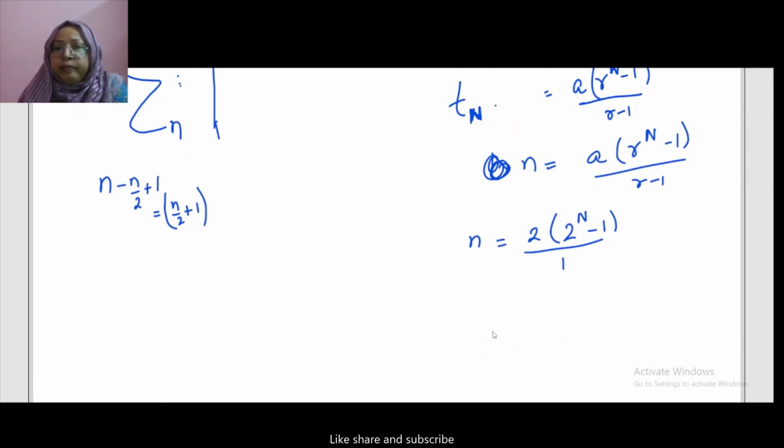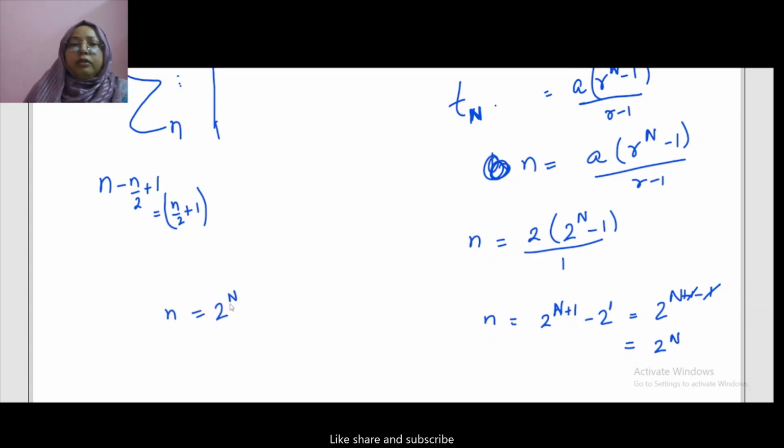Now n equal to 2^(N+1) minus 2, where this one is capital N. We can write it as 2^(N+1) minus 1, since the power of 2 is 1 here, so we can simply cancel this, and so it becomes 2^N. Now small n equals 2^N.